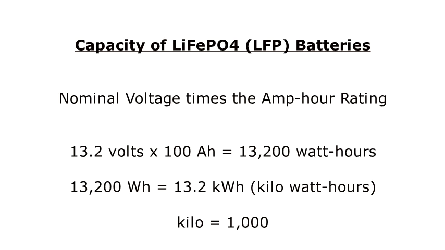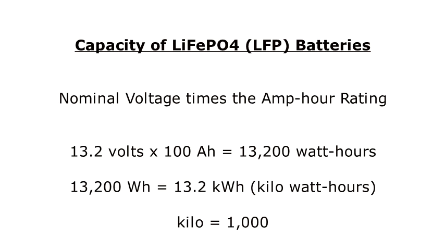And the nominal voltage is 13.2 volts, which gives us 1,320 watts. Now, if you're using raw cells, remember, only 80% of that is usable, which would mean the usable capacity would be 1,056 watt hours. But if you're using the packaged lithium iron phosphate batteries, it will be the rated capacity.